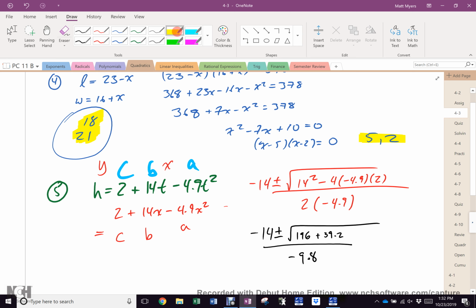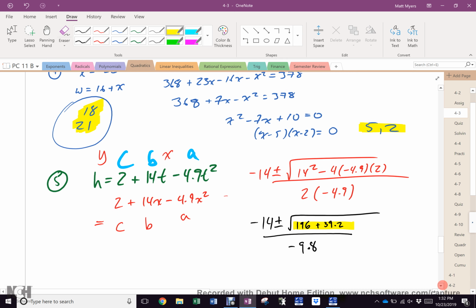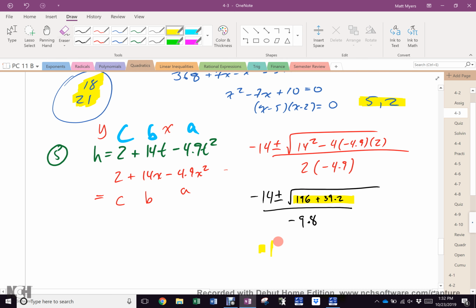I would add those and get the square root. What is it? What's that? It should be somewhere around 15. 15.3.